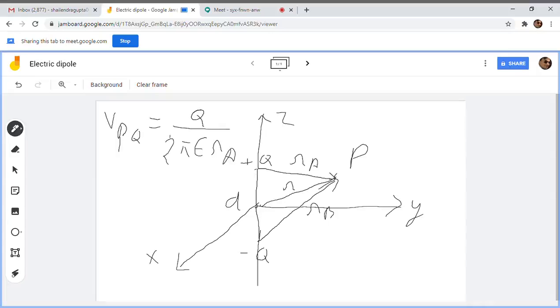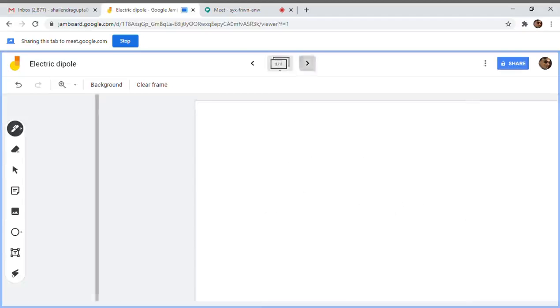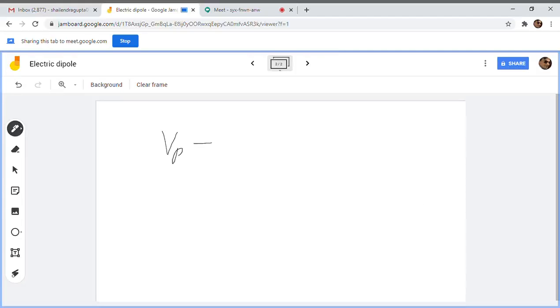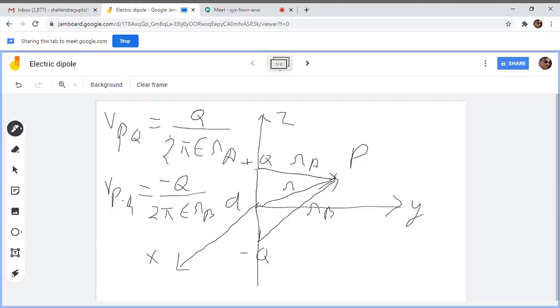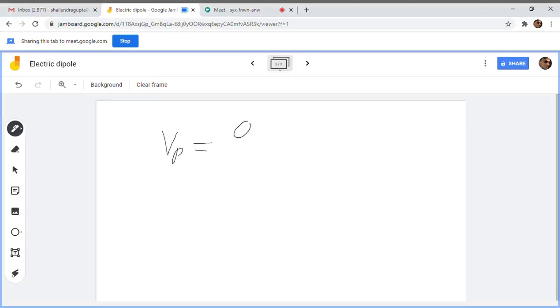And then due to this minus q, the potential at P will be minus q upon 2 pi epsilon r_b. So the total potential at P, Vp, will be q upon 2 pi epsilon r_a minus q upon 2 pi epsilon r_b.